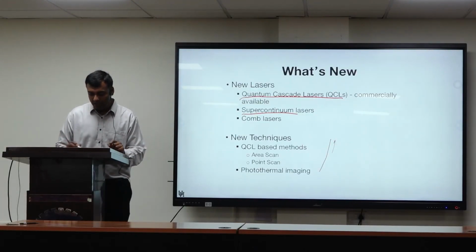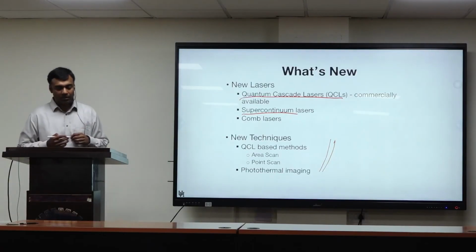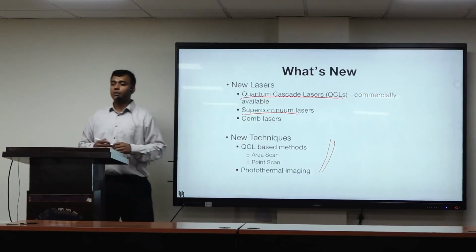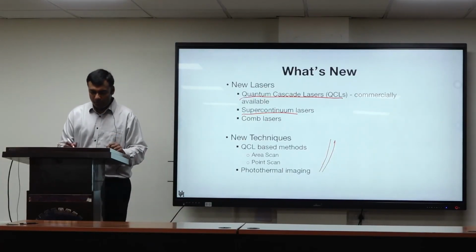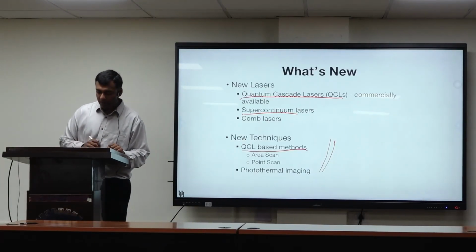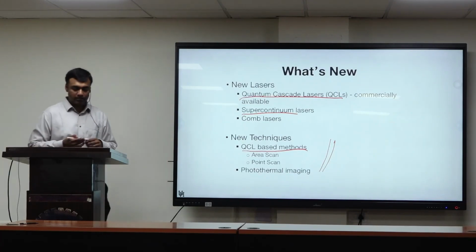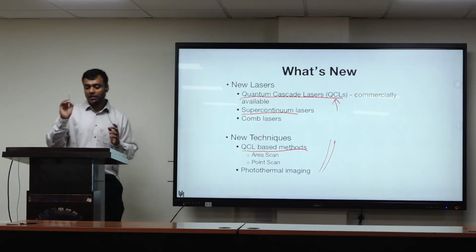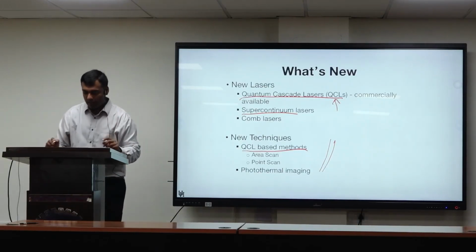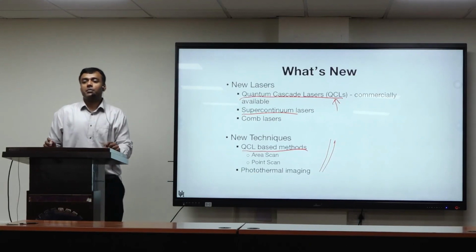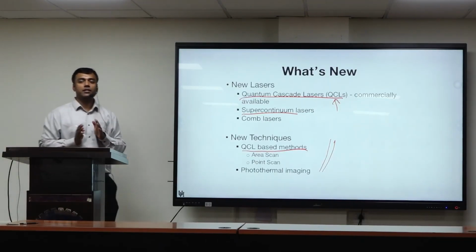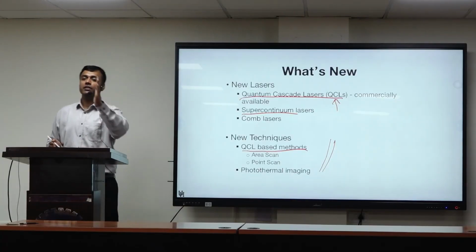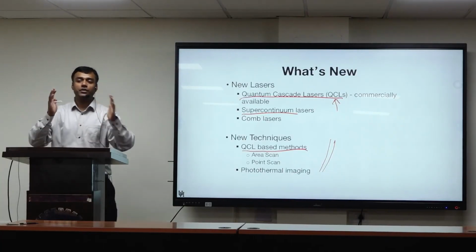Based on these kinds of lasers and other detection methods, there are different instruments which people have built. I'll talk about a few of them. Some are QCL, quantum cascade lasers, also called QCLs. These are single wavelength type lasers. I'll get to the details in a minute. But basically, with this kind of laser, you don't need to collect the full spectrum. You can just tune the laser to one wavelength and another wavelength, only wavelengths of interest.